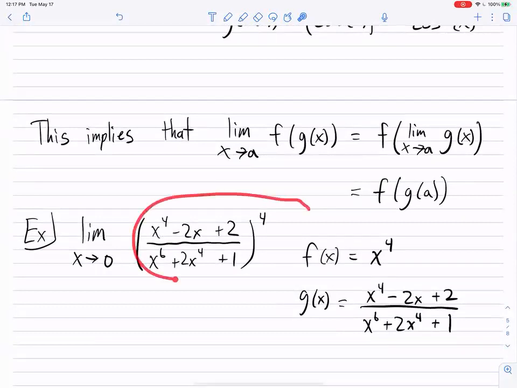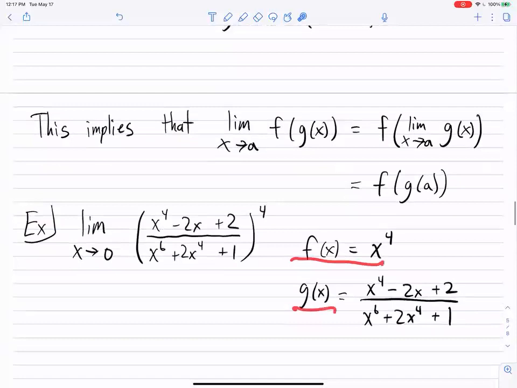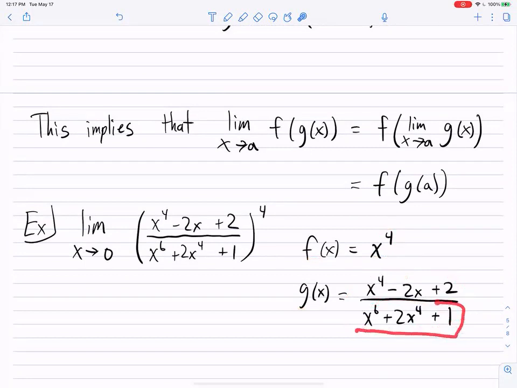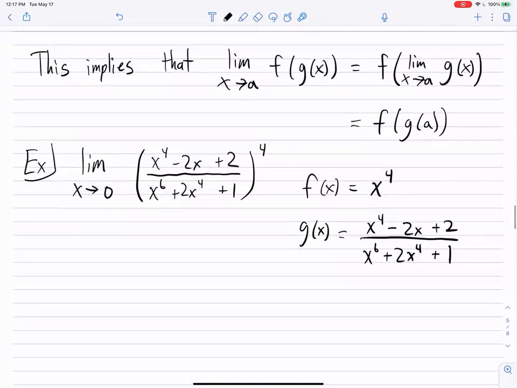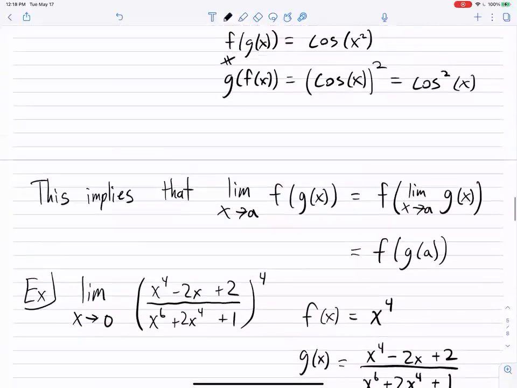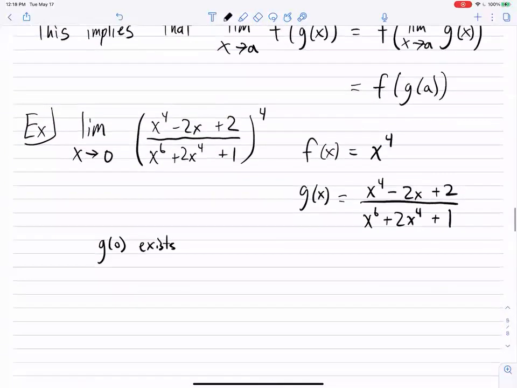Well, this is a composite function, f of x and g of x. We know both of these functions are continuous everywhere where the bottom is not 0. And when you plug in 0 into here, that's not 0, so g of 0 exists, right? And so it's continuous.